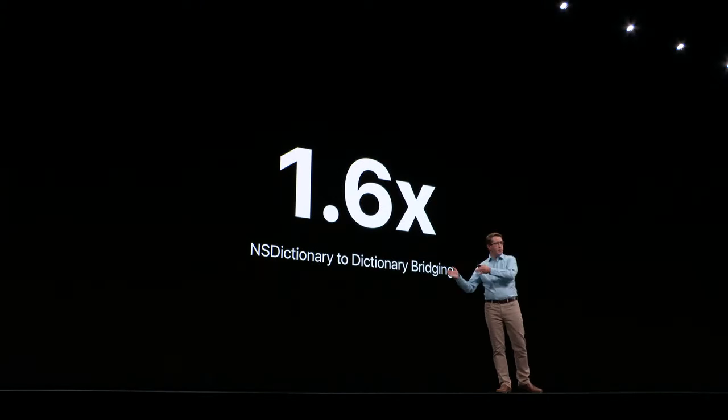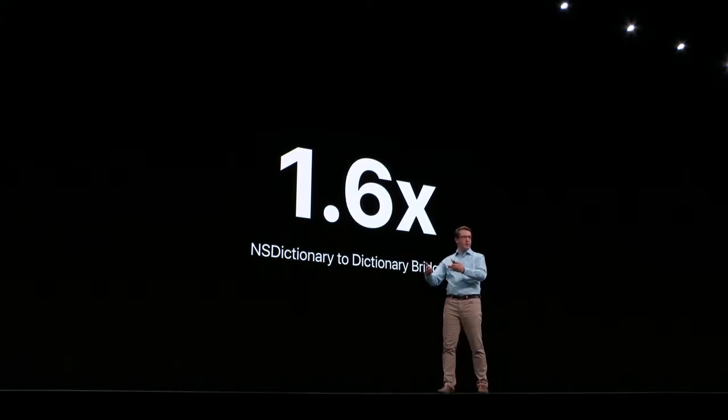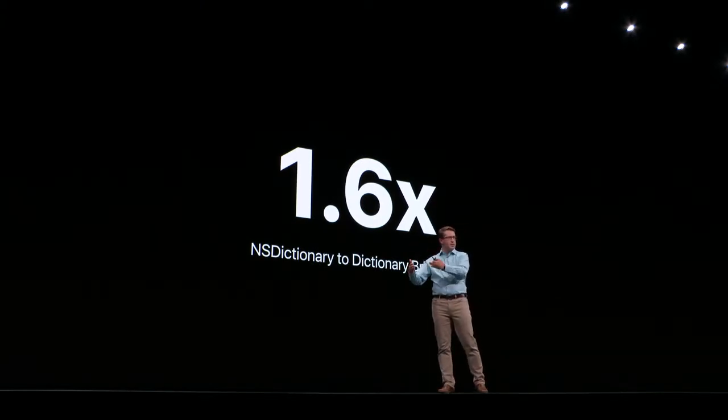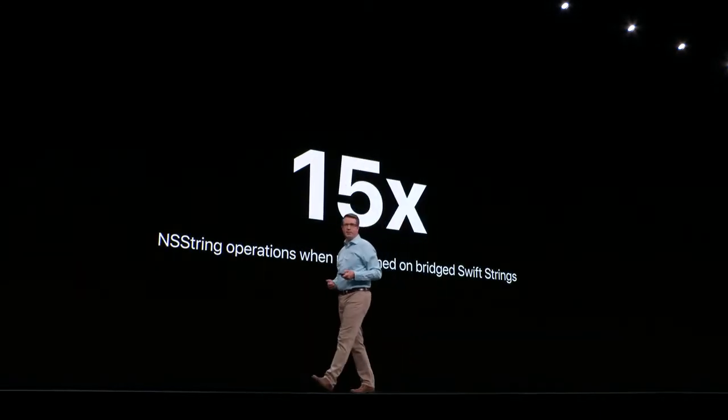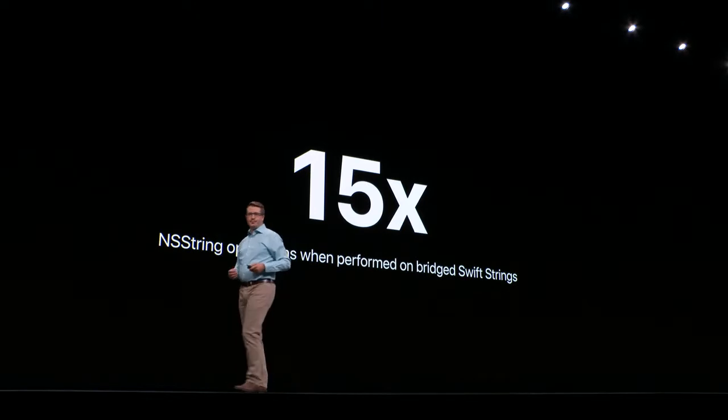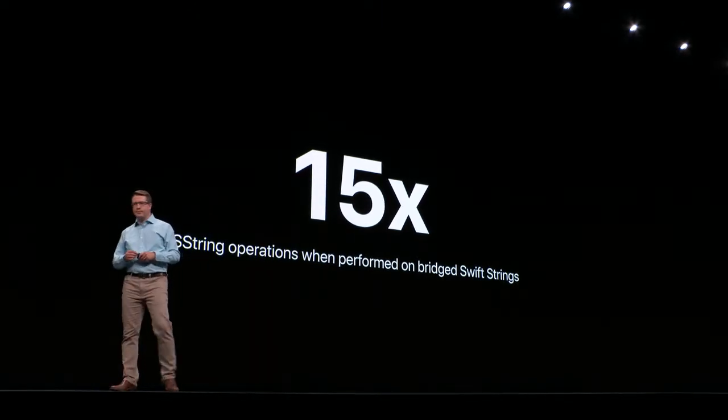And if you're passing a Swift string off to Objective-C and it bridges over as an NSString, and it's used from the Objective-C side, its operations can be up to 15 times faster.